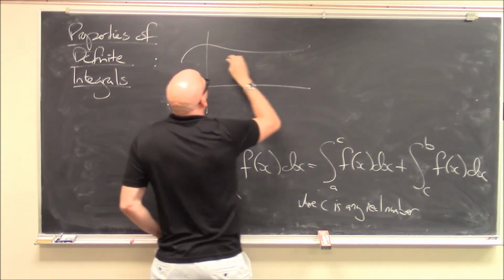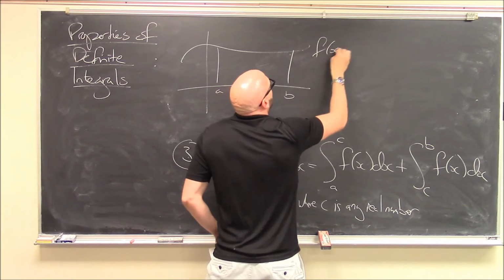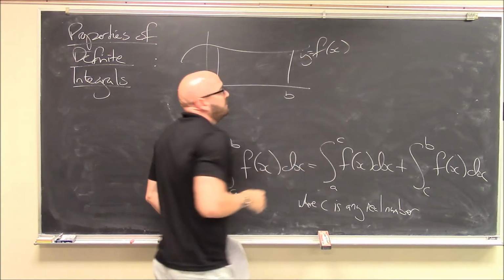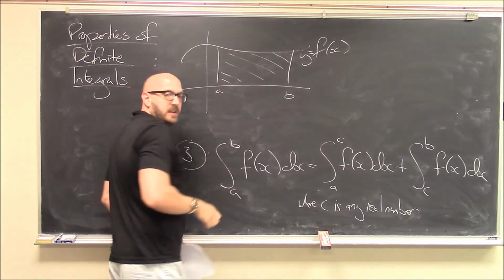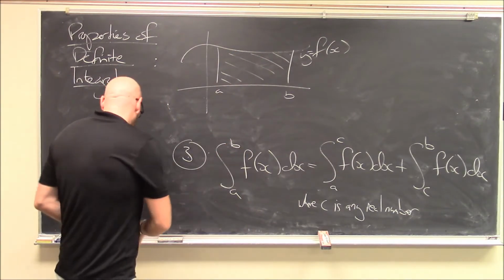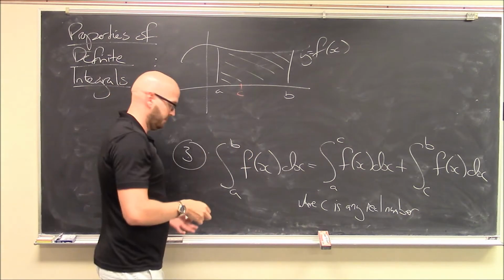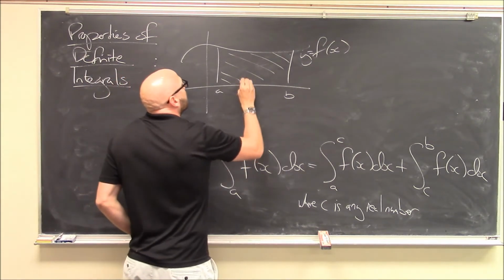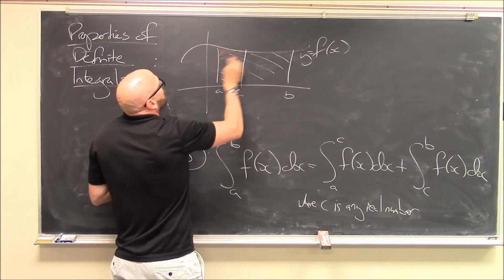So here's what we have. We want the area under the curve from a to b. Think of c as being some number in between a and b. So you choose c. Well, what's this area?